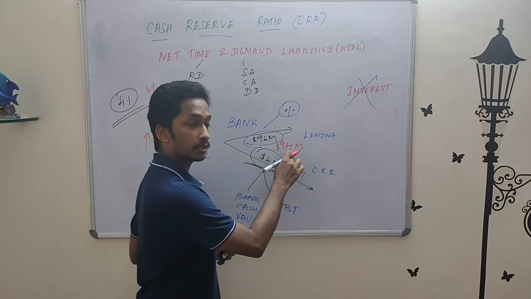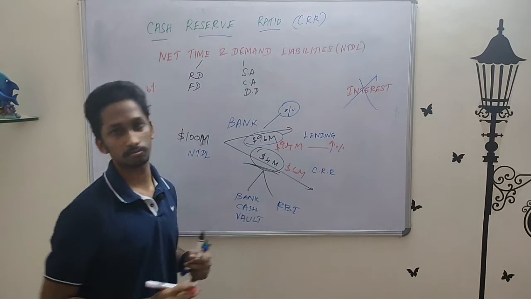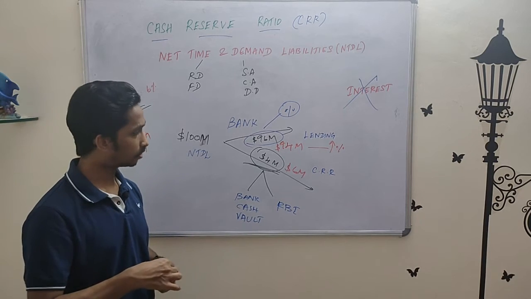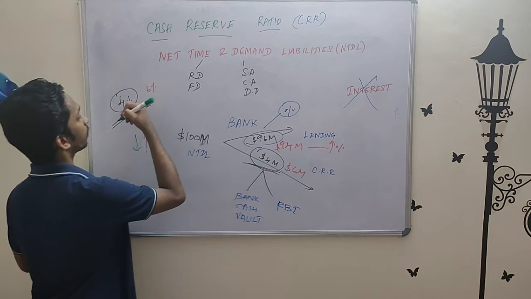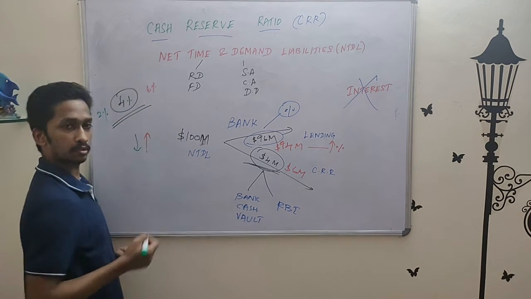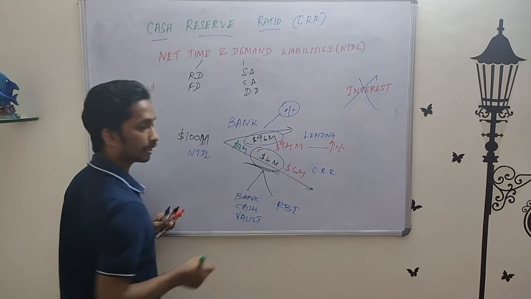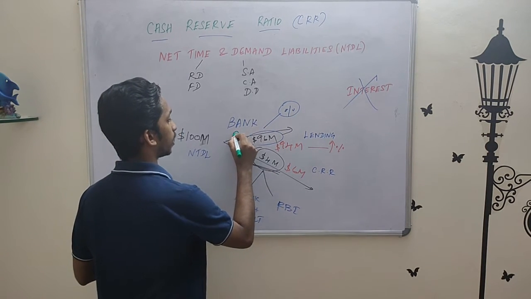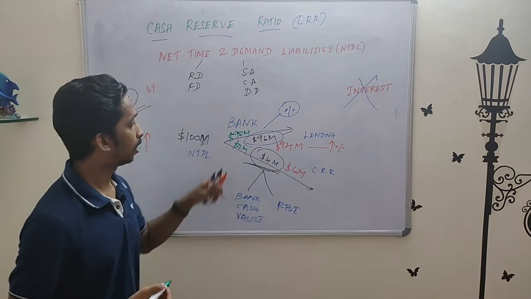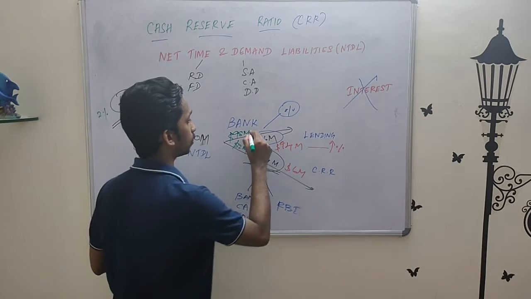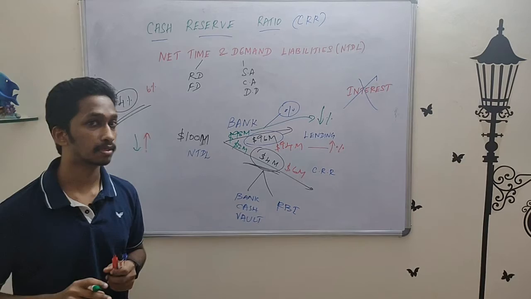Banks have less money to lend, which means an increase in interest rates. And what if CRR is reduced, from 4% to 2%? Banks would only put $2 million in CRR and would have 98 million for lending purposes. More money for lending means lower interest rates, a reduction in interest rates.